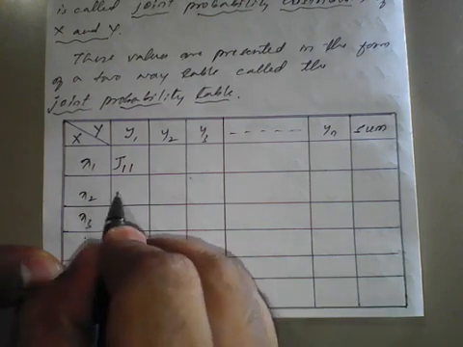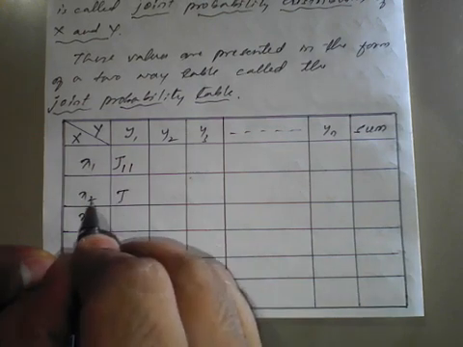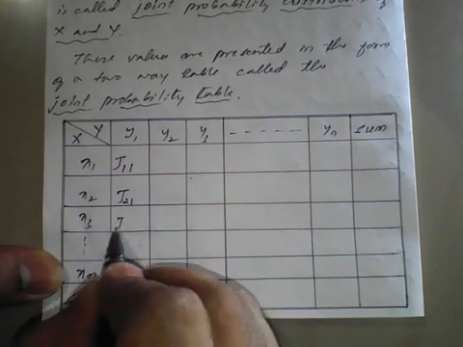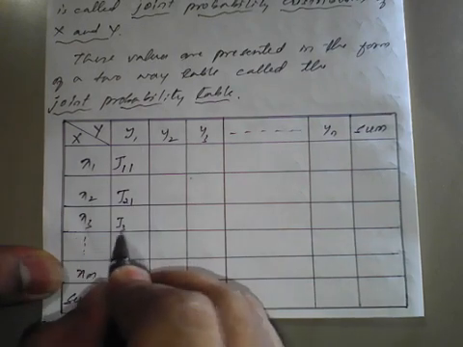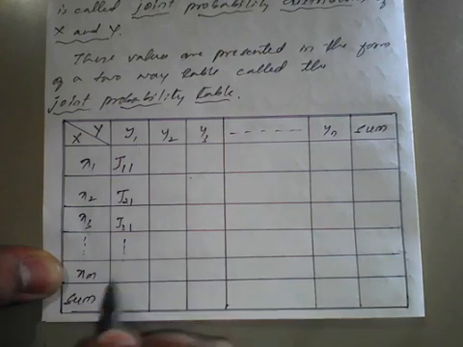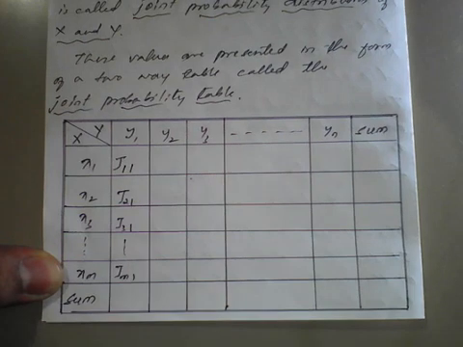Similarly, J of 2 1, where the value of x will be 2 but the value of y remains 1 only. Similarly, J of 3 comma 1, where the y value remains the same, and so on, J of m1.